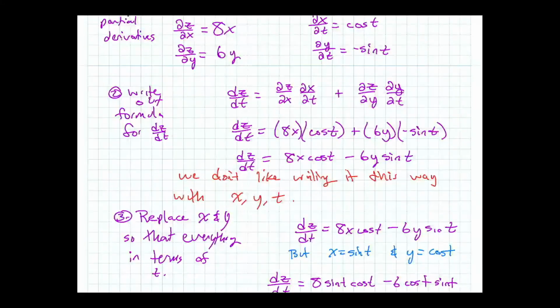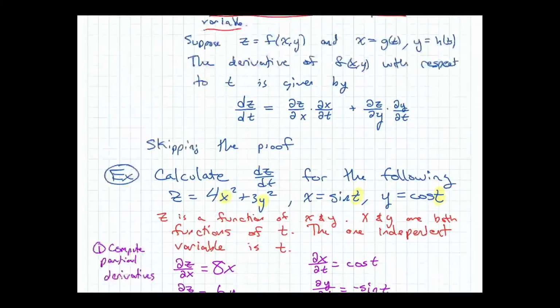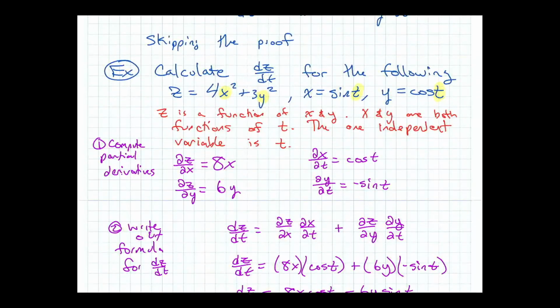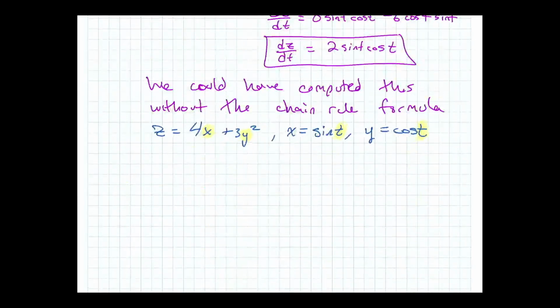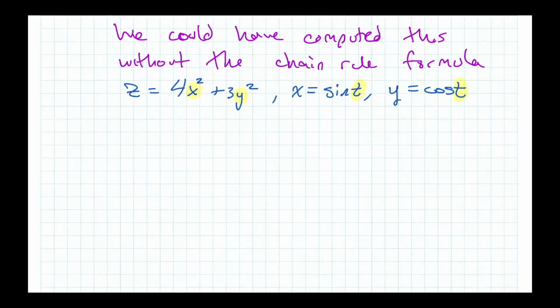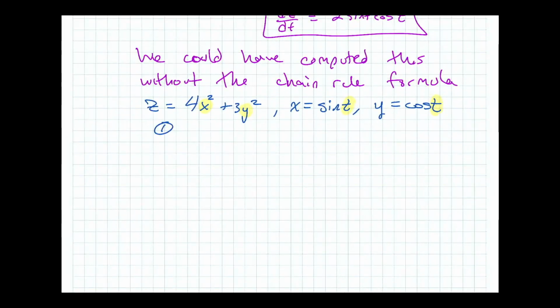Okay, so if we go back to the beginning here, we have, right here. Gonna duplicate that. I think I lost a number here. So we got this 2 here. So we could have calculated this derivative a different way. You could have actually substituted what x and y are into the z equation.